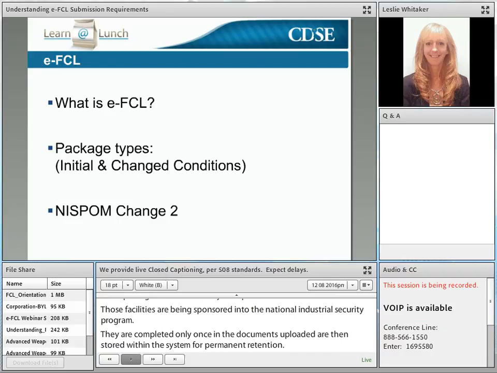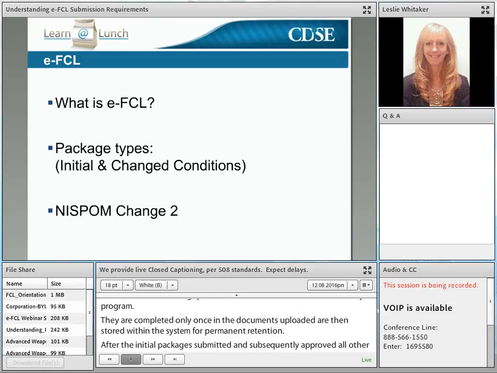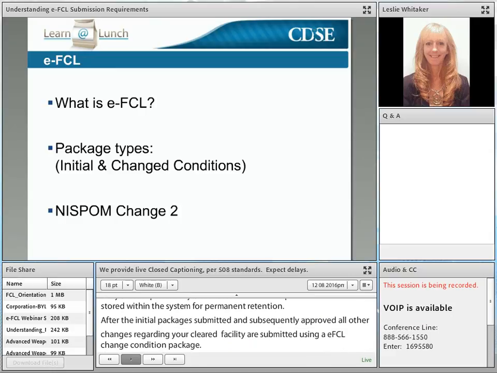Some examples of FCL changes that would require the submission of this package include KMP updates, SF-328 material changes, business structure changes, ownership, address, and name changes.